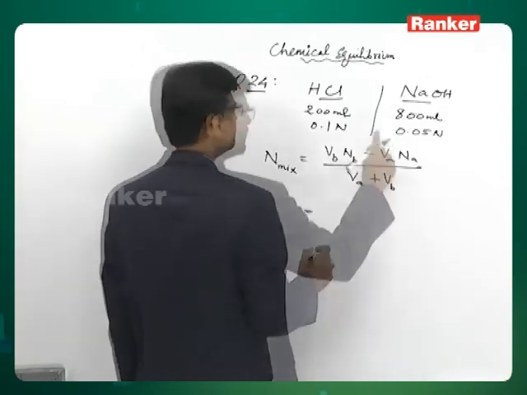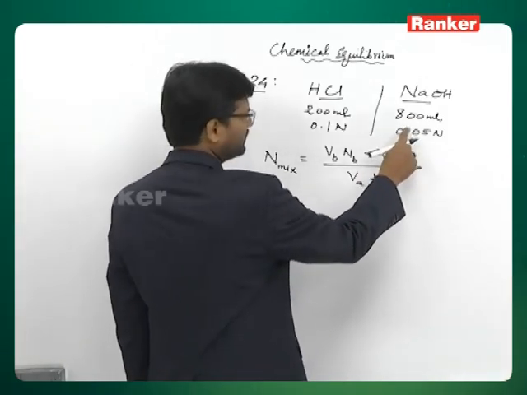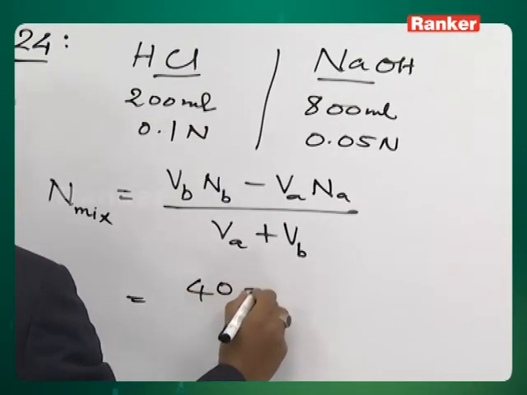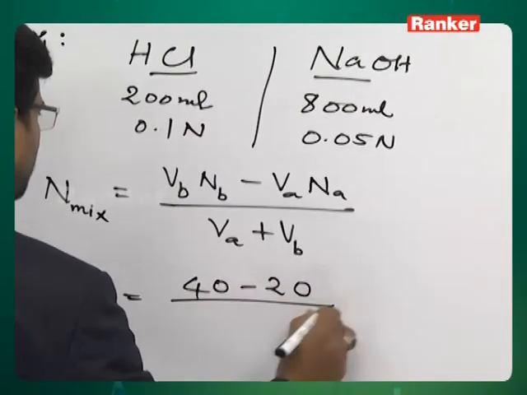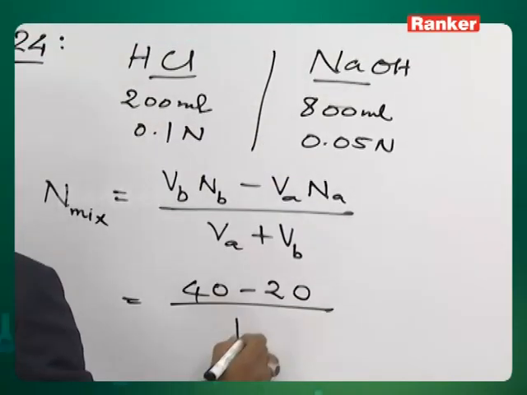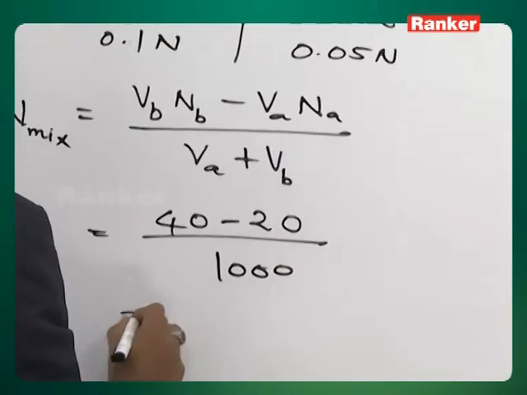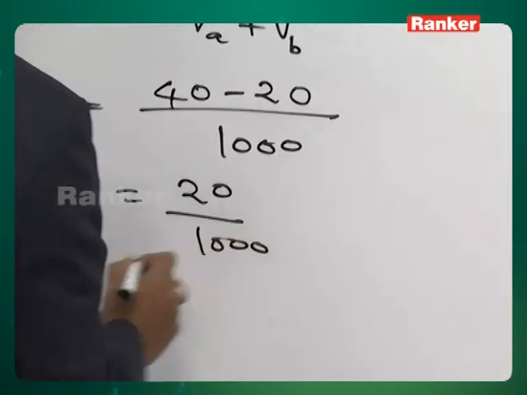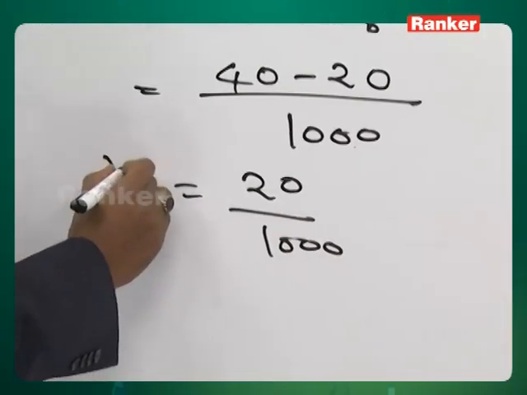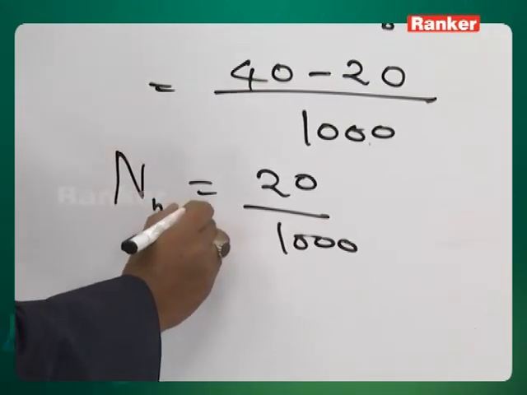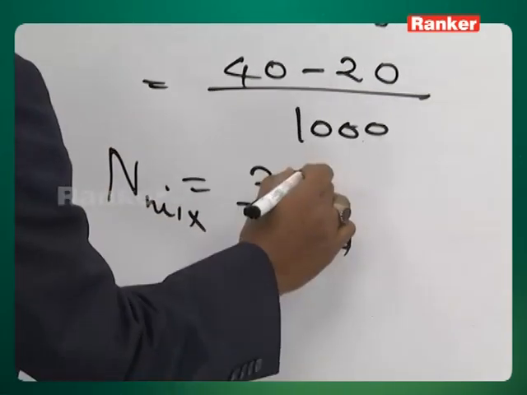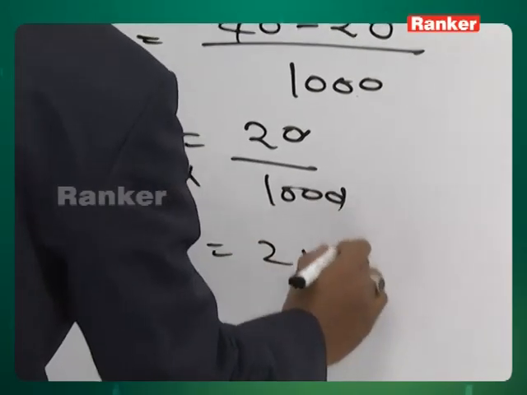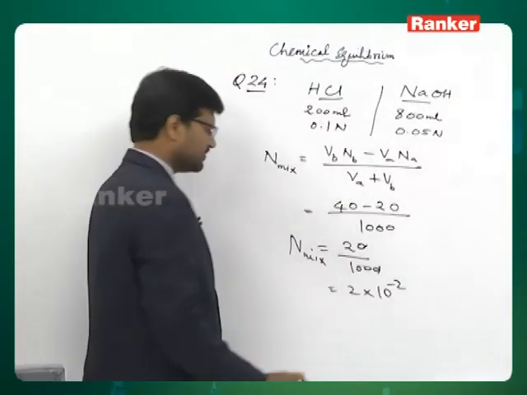It comes to 800 into 0.05, that is 40, minus 20, by 1000. That comes to 20 by 1000. Normality of the mixture is 20 by 1000. It comes to 2 by 100, 2 into 10 raised to minus 2. This is the normality of the mixture.